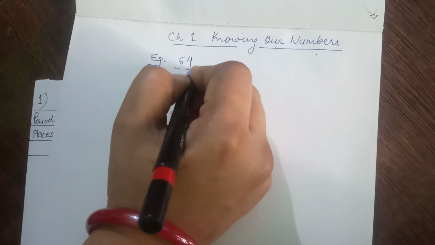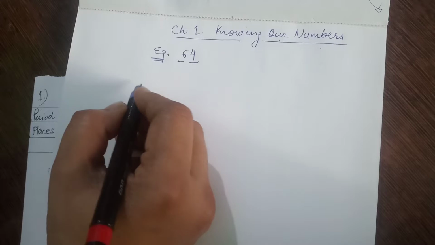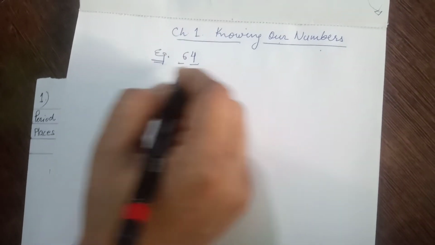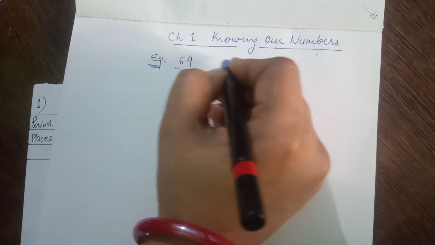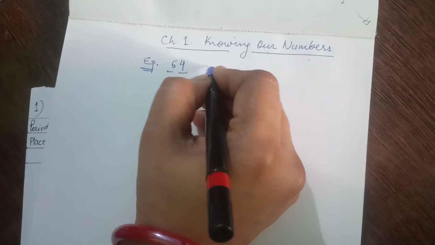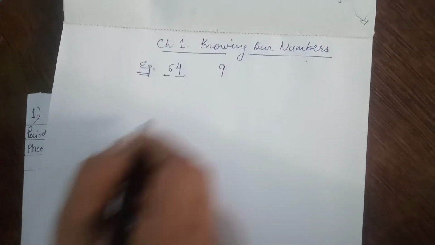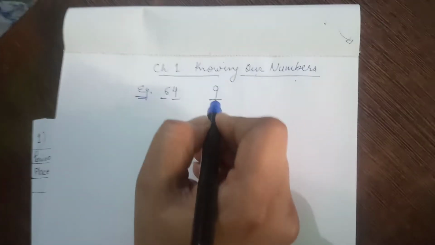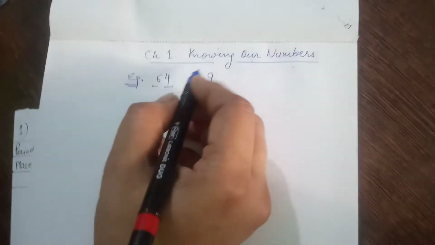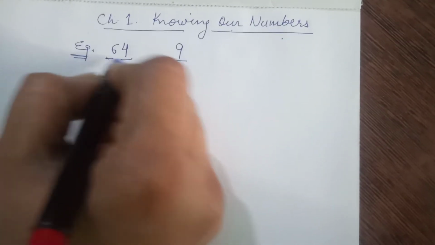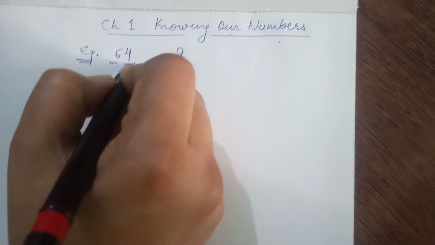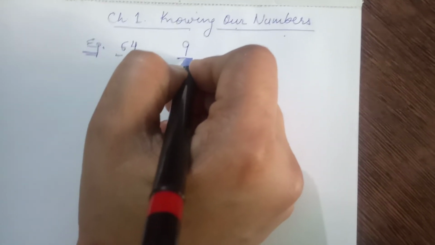64. Now, while comparing two numbers, how do we compare? Like we are taking another example, say 64 and 9. Now, you can compare them easily by saying that 64 has two digits and 9 has only one digit.